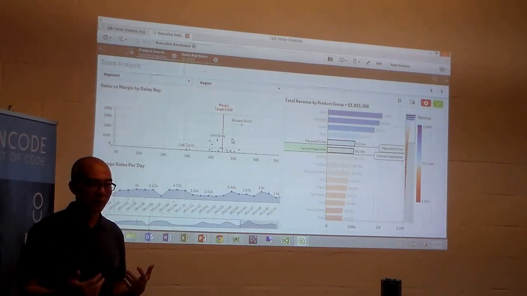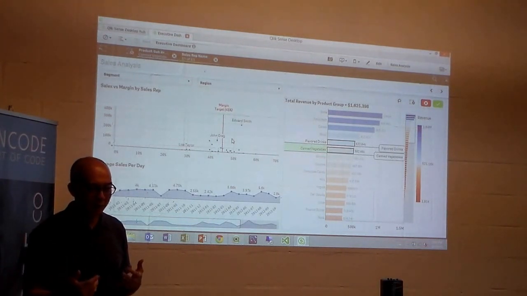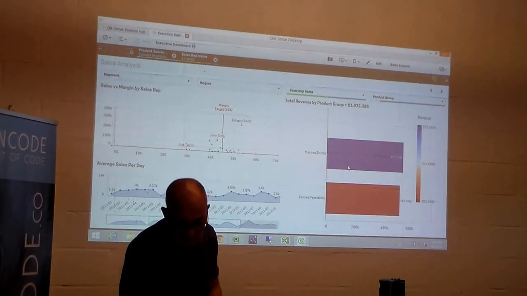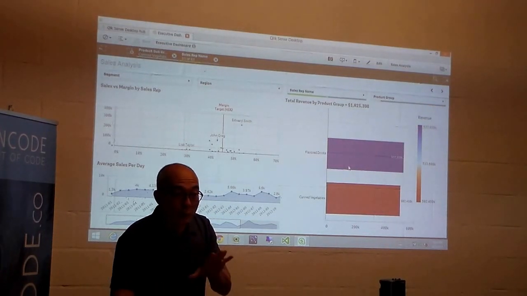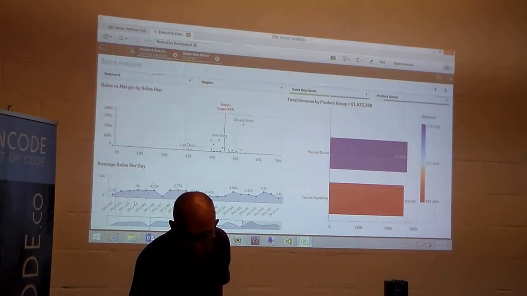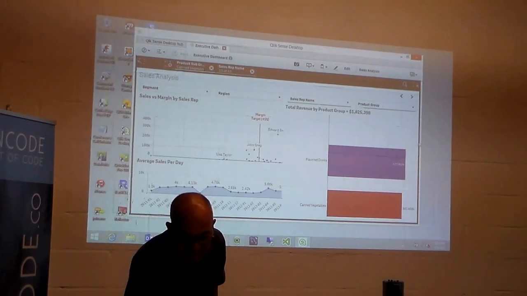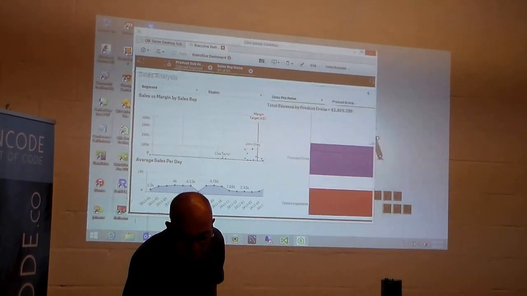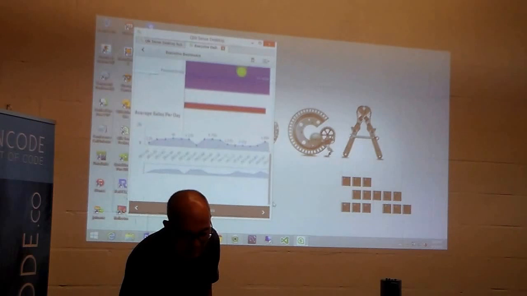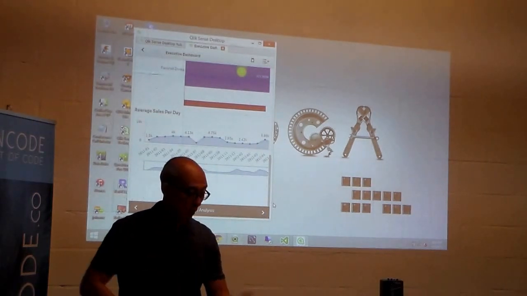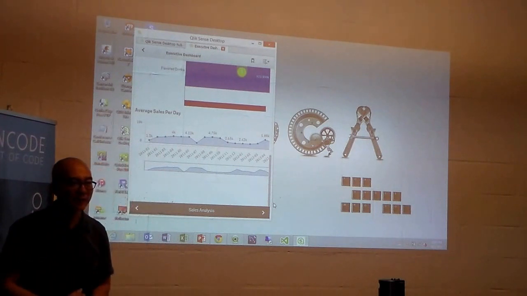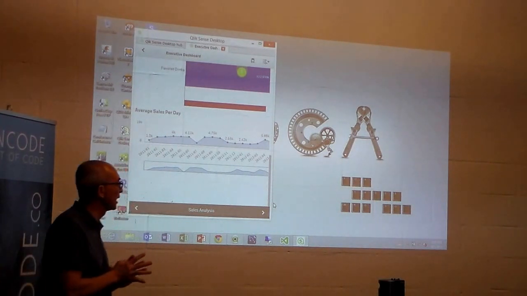You can do some understanding, because you can click on these things right here, and I can actually do some drill through already. The other nice part is that it's formatted to any device I want. It automatically reformats itself. You look at this on a cell phone or a tablet, and it will look just fine.